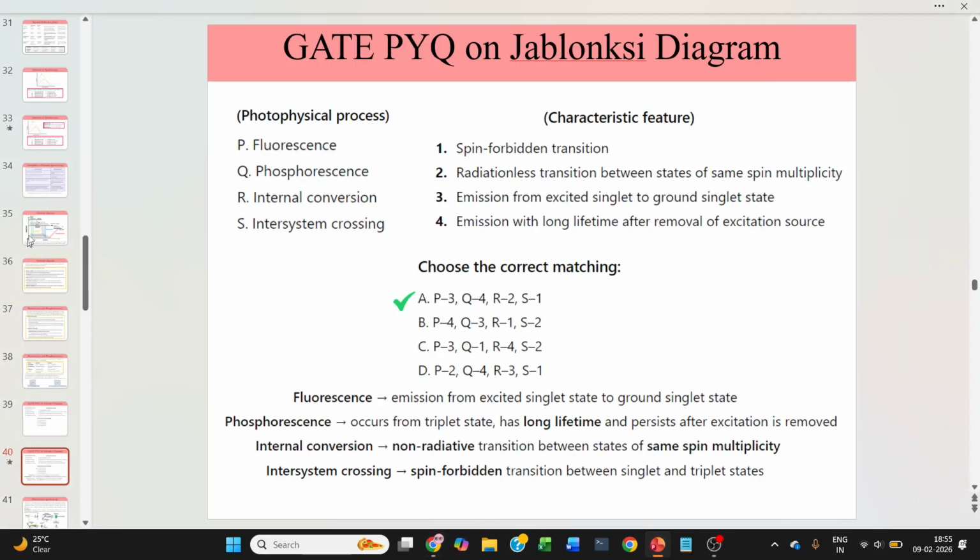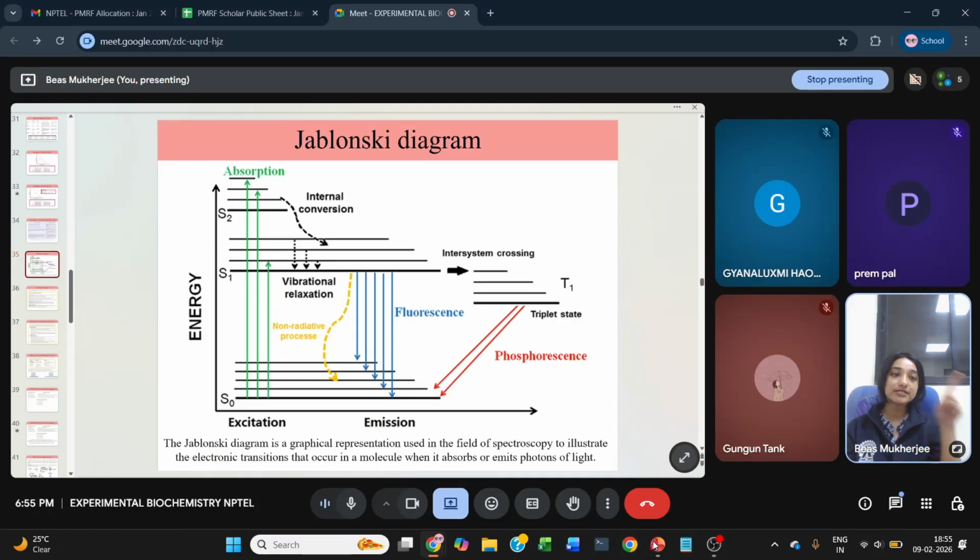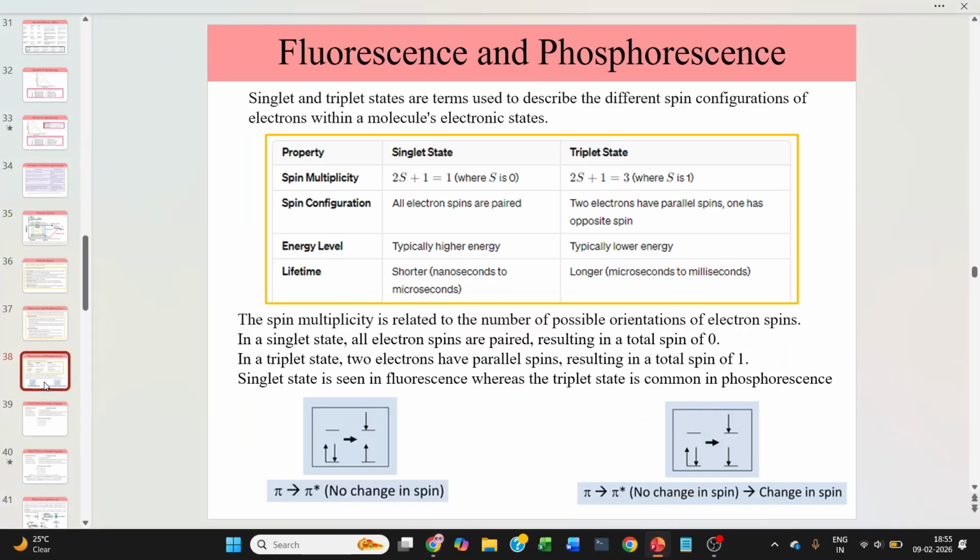If you look at the diagram once again, you will understand this better. Intersystem crossing means that there is this crossing happening, but when it is internal conversion, it is the same spin state, within that only the transition is happening. Right? So hopefully now you will remember this.